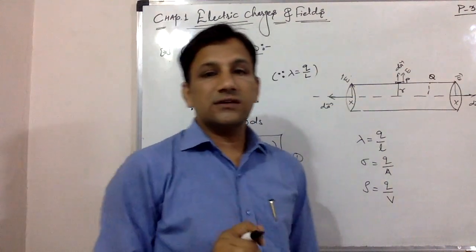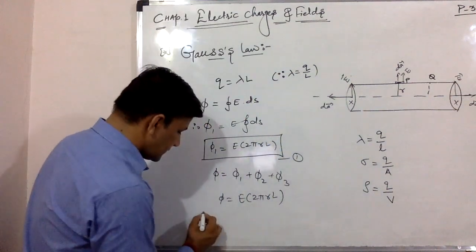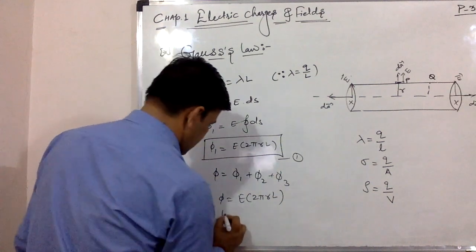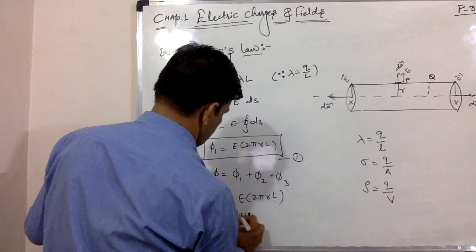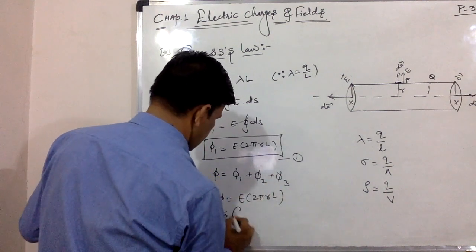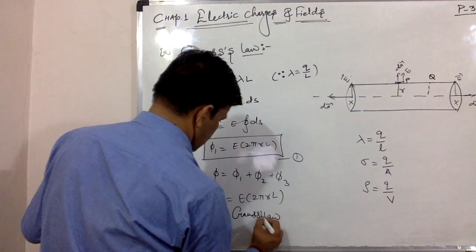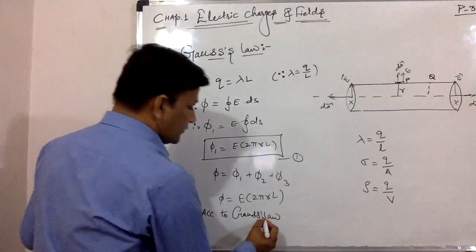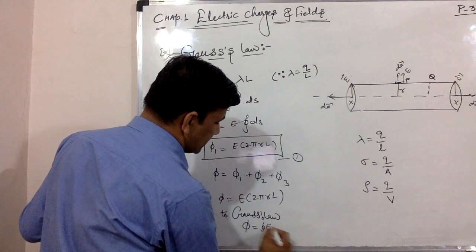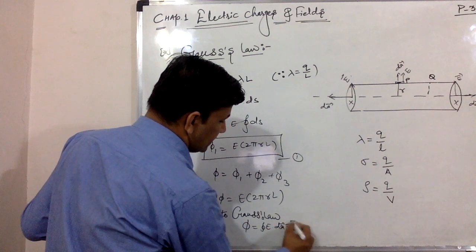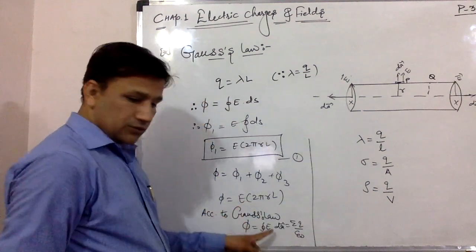Again, using Gauss law, phi is equal to closed integration of E into dA, which is equal to sigma q by epsilon 0. Now substitute these values.